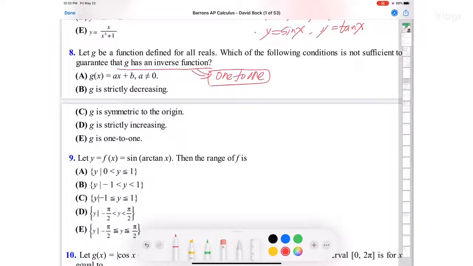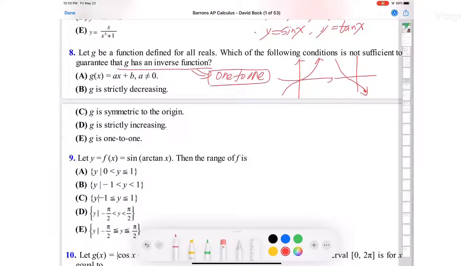Okay, anyway, what does a one-to-one function's graph look like? A one-to-one function graph should be strictly decreasing or strictly increasing. Strictly increasing means it keeps increasing like this, with no part of the graph decreasing. What about strictly decreasing? It keeps decreasing and is never increasing in any part of the graph.